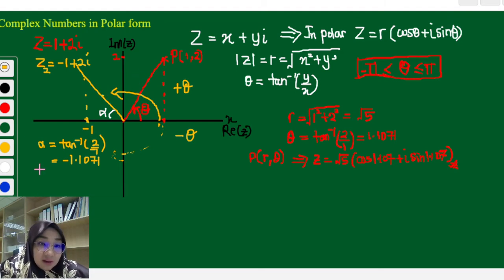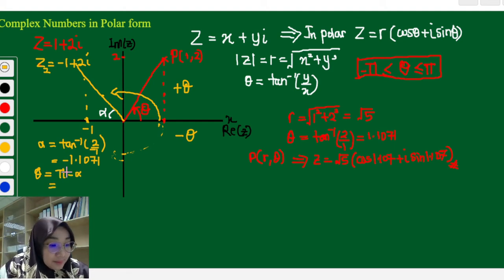So theta is equal to pi. So the whole on the upper part ni adalah pi kan. Tolaklah dengan reference angle. So reference angle you dapat tadi 1.1071. So we have here jawapan ni berapa? 2.034. Alright.